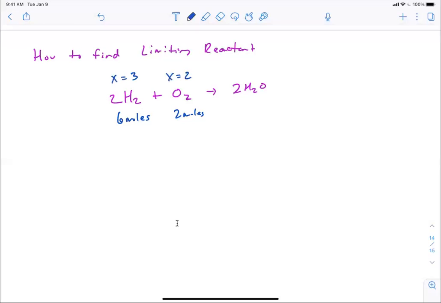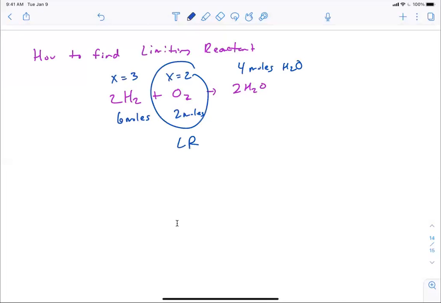Because for that amount of H2, you can make 3 units of a product. And with 2 moles of O2, you can make 2 units of the product. And so this is my limiting reactant, which then means I can make 4 moles of H2O.